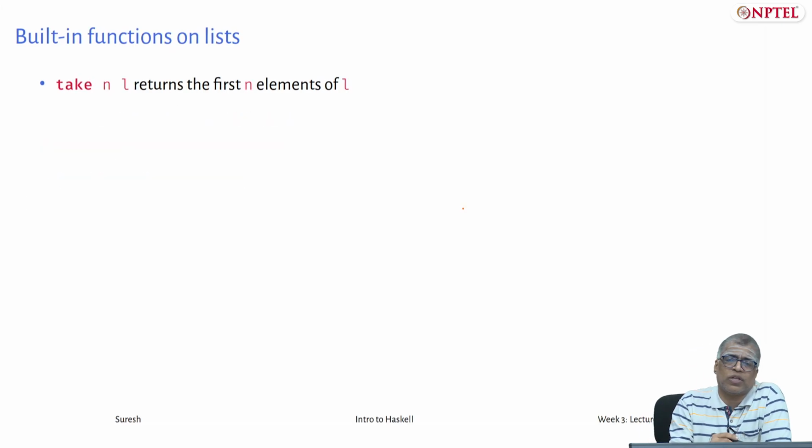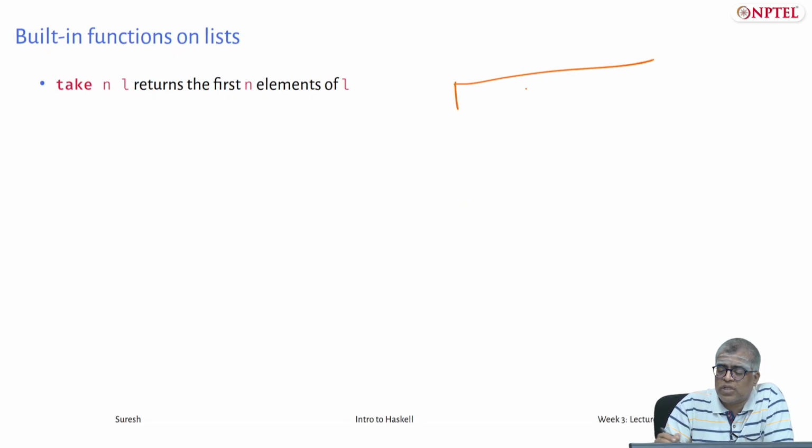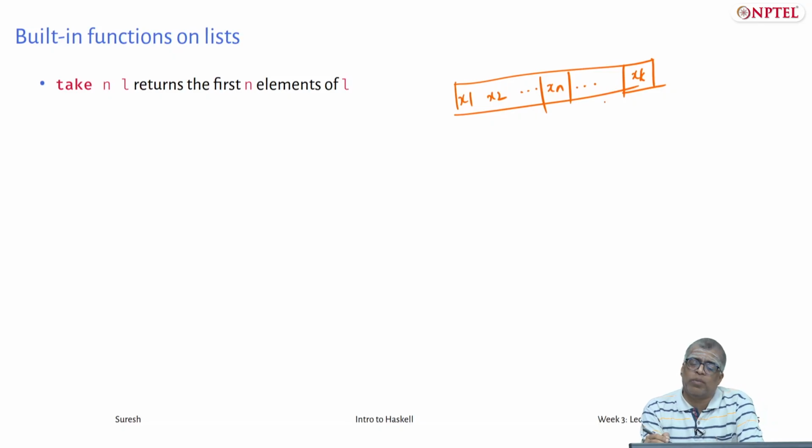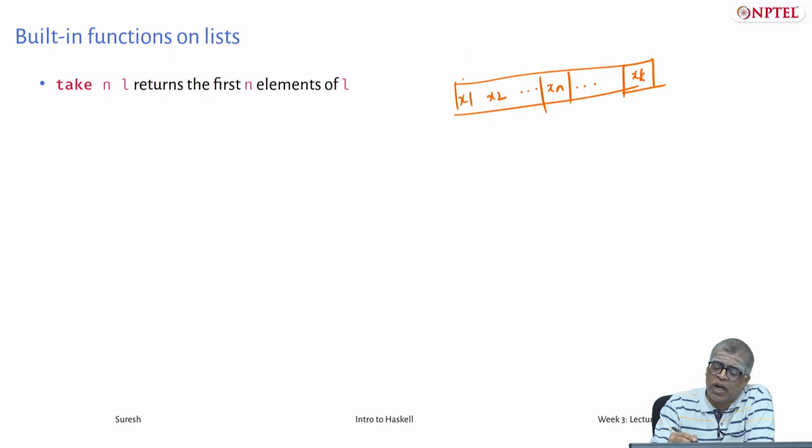Okay, here are some other functions. Take is a function. Suppose I have a list and I want to return all elements from x1 to xn. These are n elements.